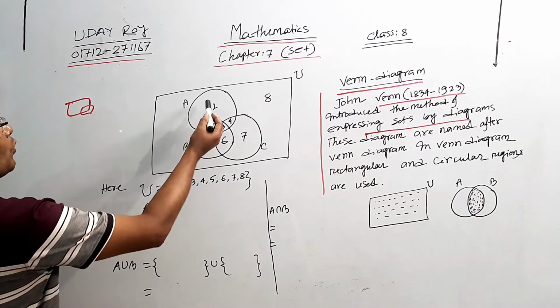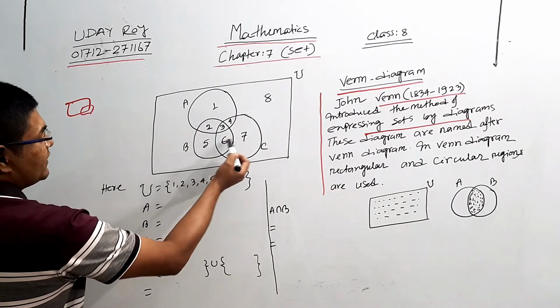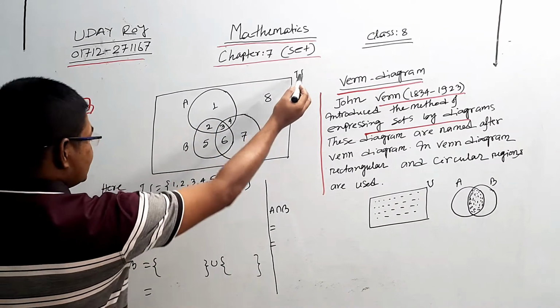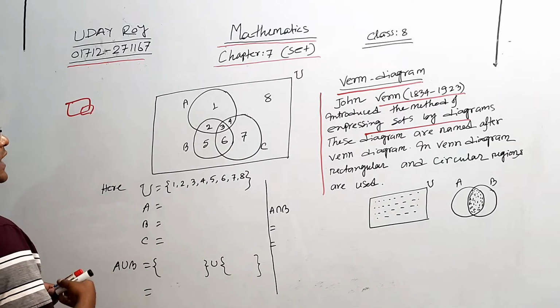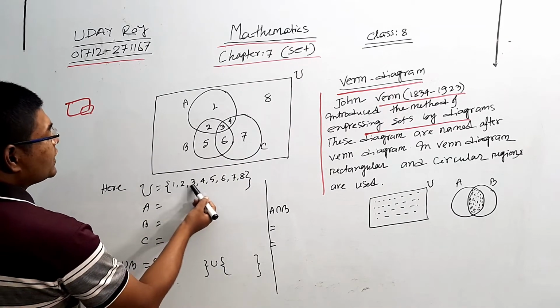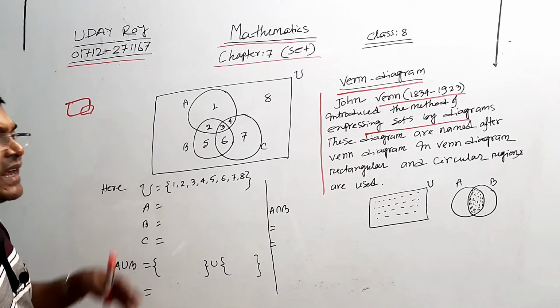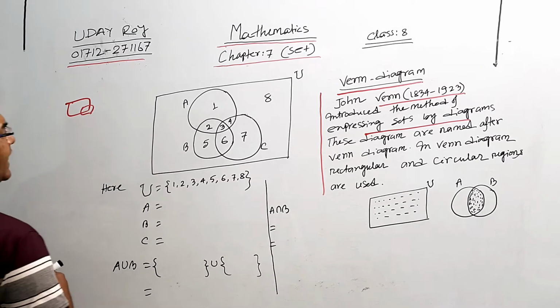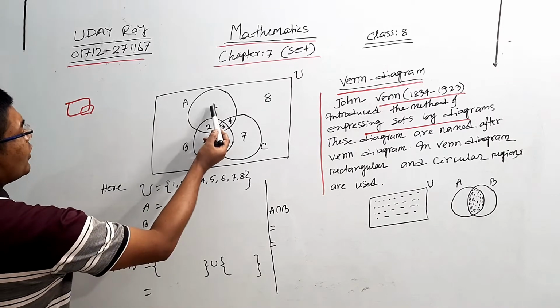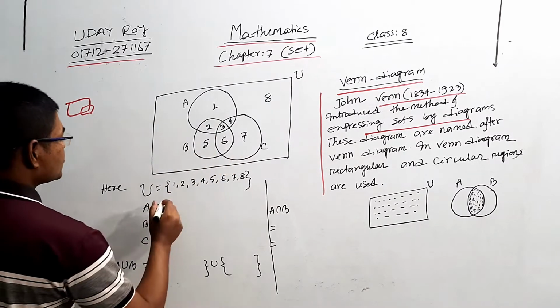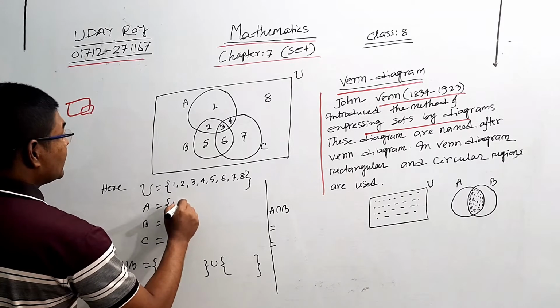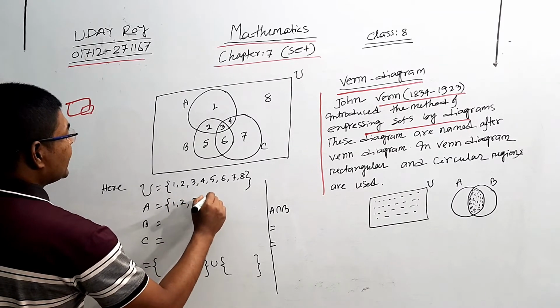Here is 1, 2, 3, 4, 5, 6, 7 and 8. So universal set equal to 1, 2, 3, 4, 5, 6, 7 and 8. Let's find out A equal what. So in A we can see 1, 2, 3 and 4. So write A equal 1, 2, 3 and 4.